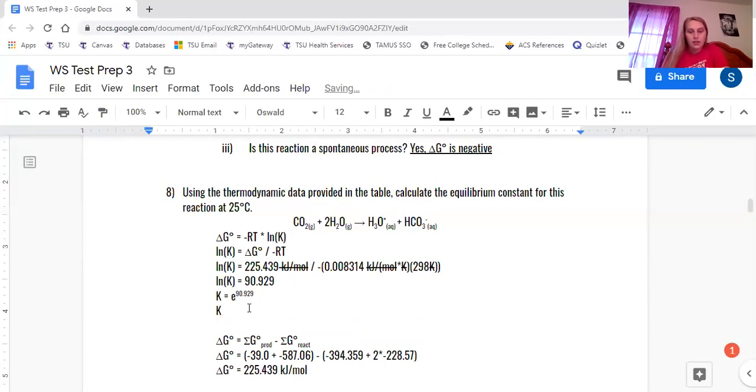And you're going to have K equals 3.09 times 10 to the 39.